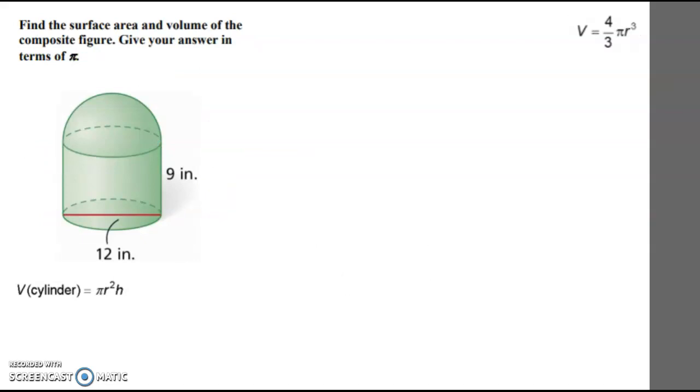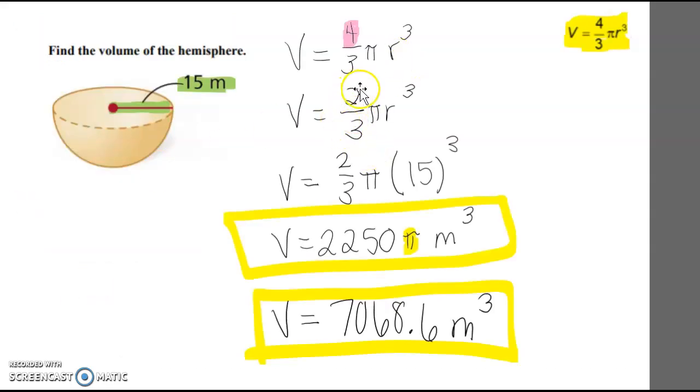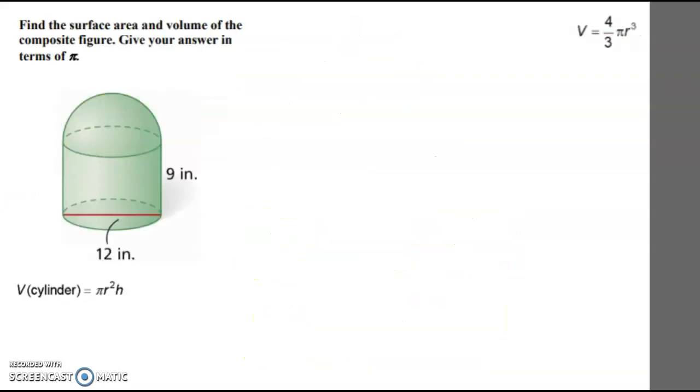Then we're going to go to the last one, which is a composite figure. So to find the surface area and volume of a composite figure, let's do volume first. So I'm going to find the volume of the cylinder and the volume of this hemisphere. So to find the volume of this hemisphere, if we look back here, remember our formula is actually 2/3 pi r cubed.